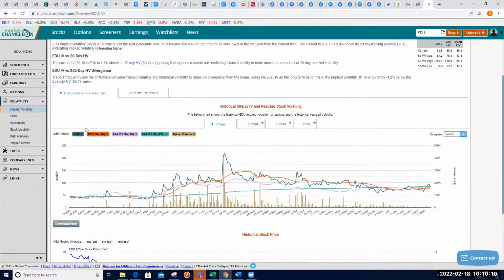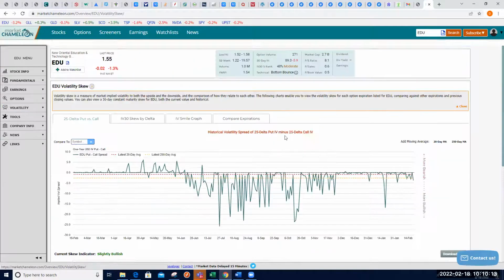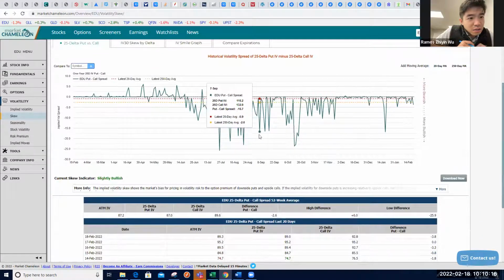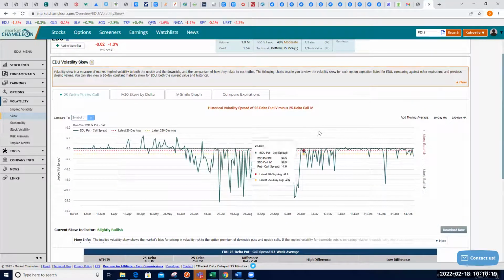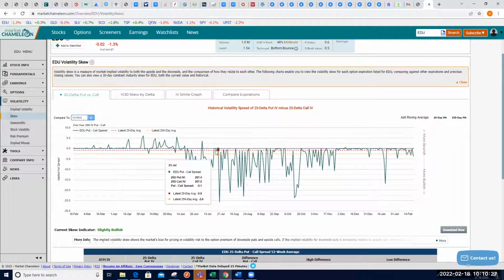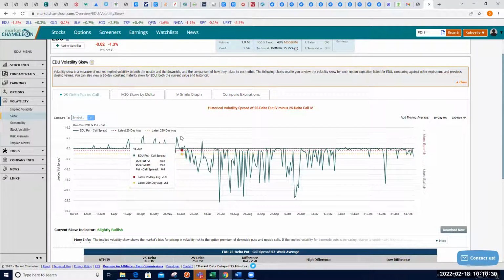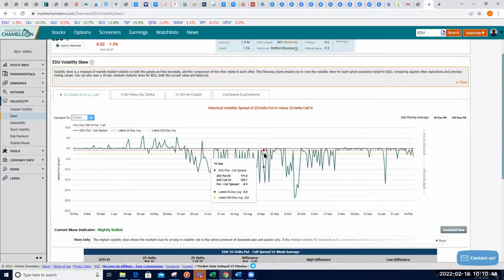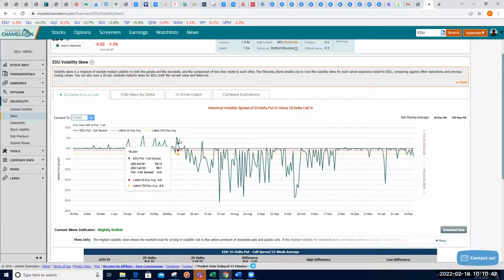Right. And we can also see the skew here. Oh, nice. What is skew? Skew is the difference between put option implied volatility and call implied volatility. If the skew is positive, it means the put implied volatility is much higher, and the market wants to buy puts rather than calls because they want to hedge their risk.